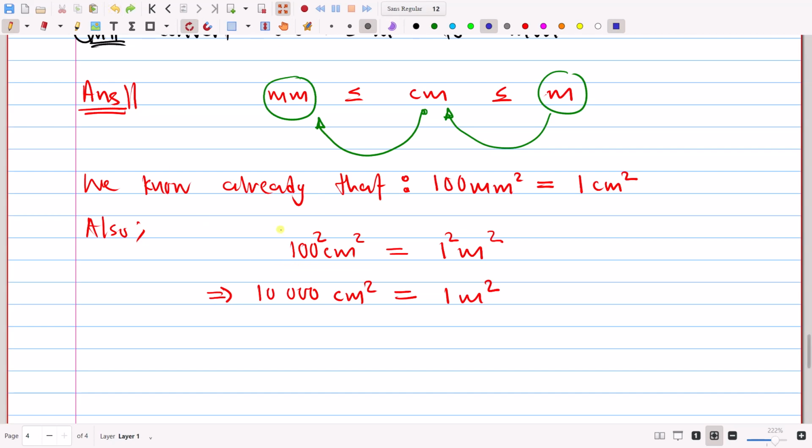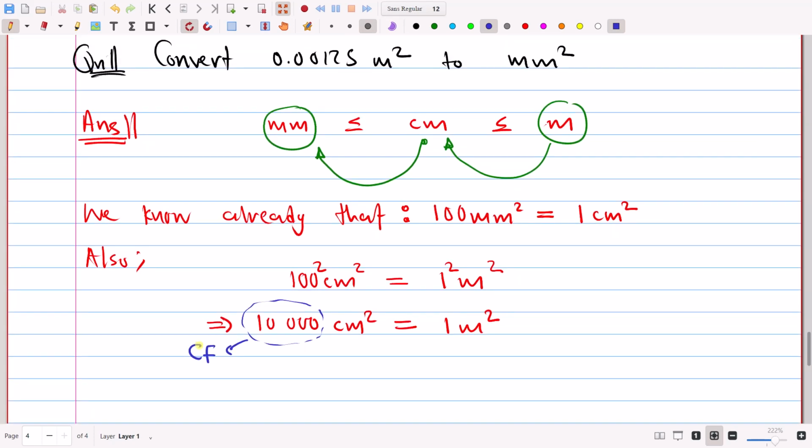So the conversion factor for the centimeter and meter is this one. Since I'm given meters and I want to go to millimeters, I'll first go to the centimeter.